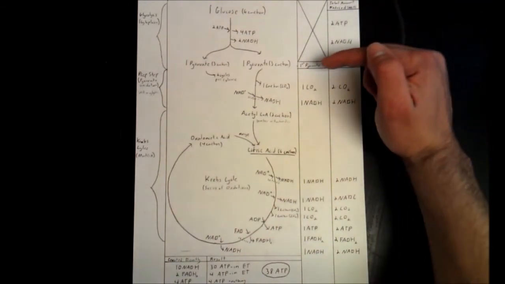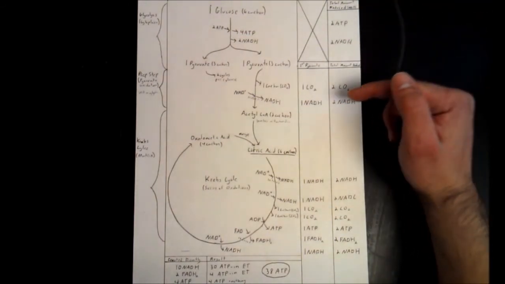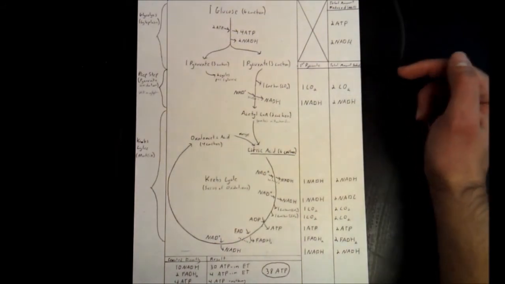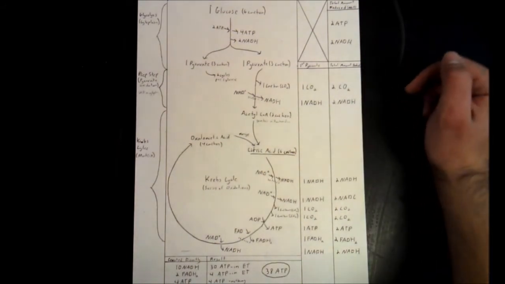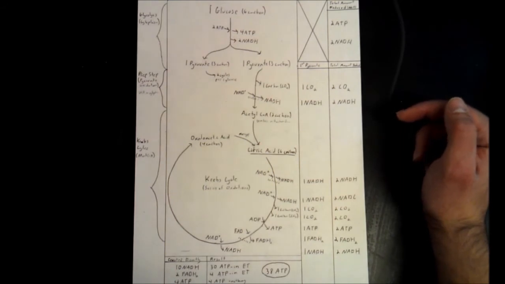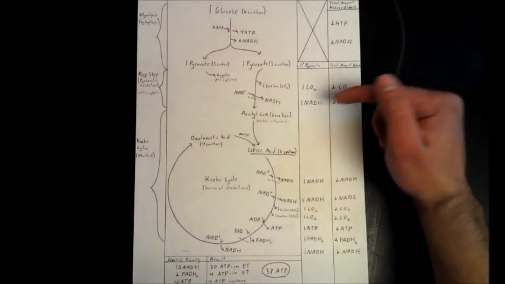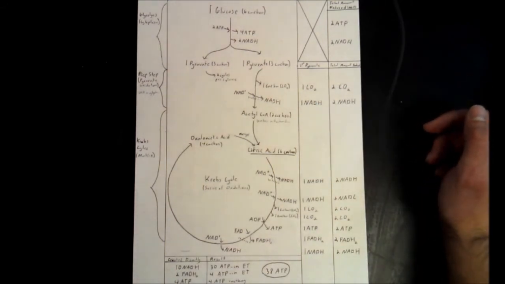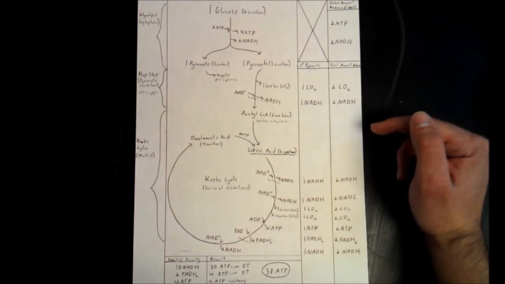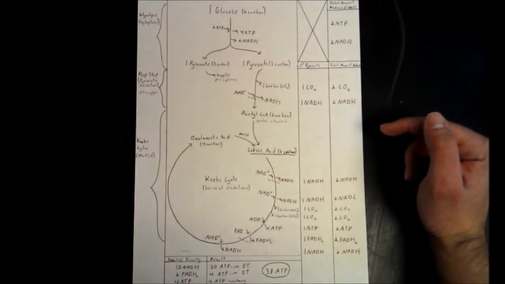So our 3-carbon pyruvate, 1 carbon gets busted off in the form of CO2, so 1 CO2, 2 over here. NAD gets reduced into NADH, and this forms acetyl-CoA, which is a 2-carbon, because you got that 3 minus 1, 2, and from there it's going to enter into the mitochondria.